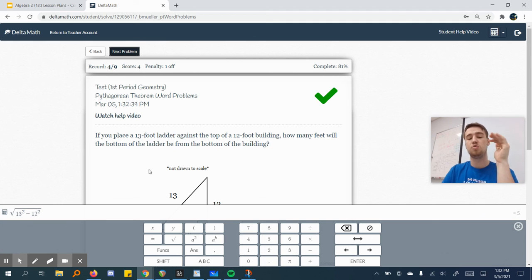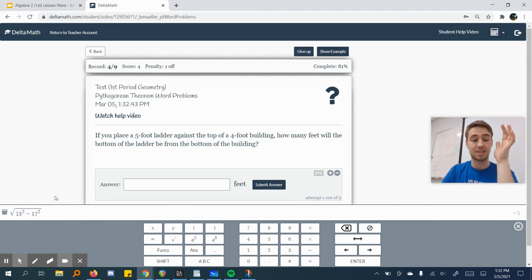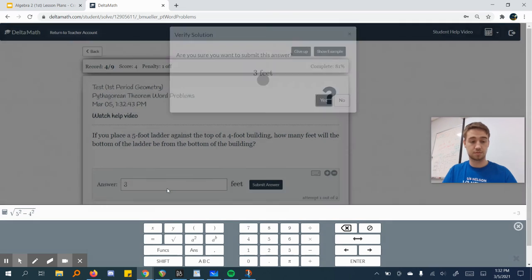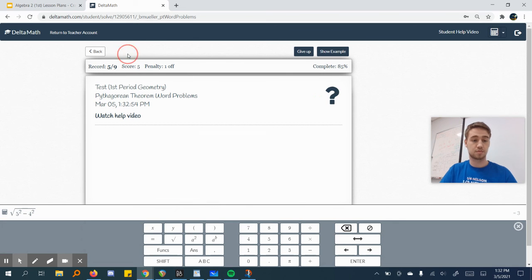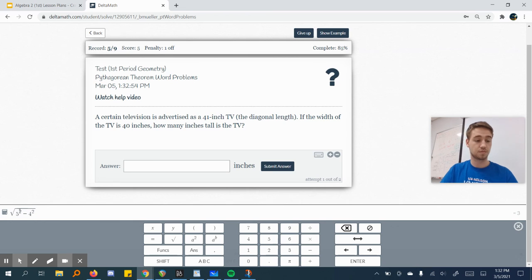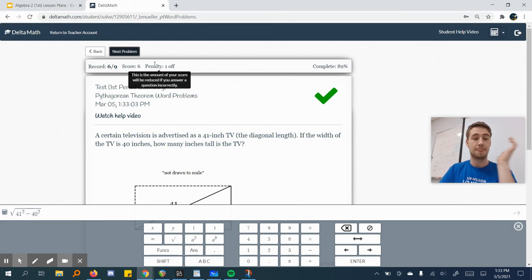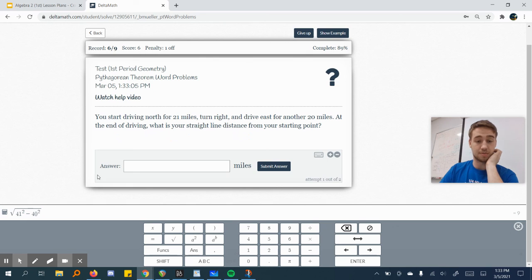Soon, once it clicks for you what exactly we're doing in this, you're going to just nail these every time. So we take that 41, subtract the 40 squared, got 9. And that's all it's going to take to do these problems.